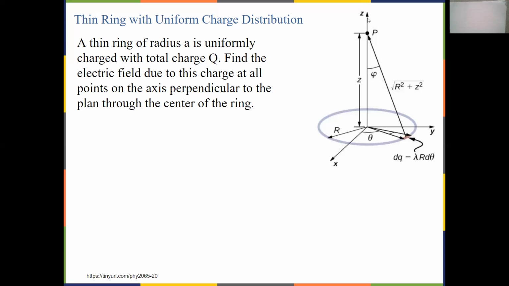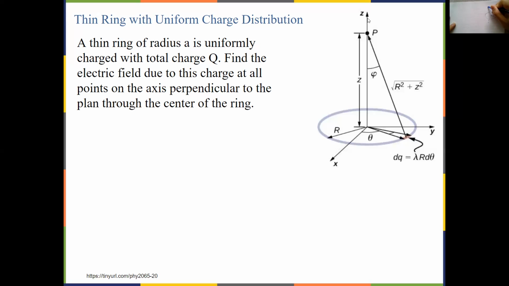Let me sketch the problem first. There's a ring of charge, with x here, y here, and z in this direction. If you pick a small part of this ring, it will produce an electric field E in that direction.